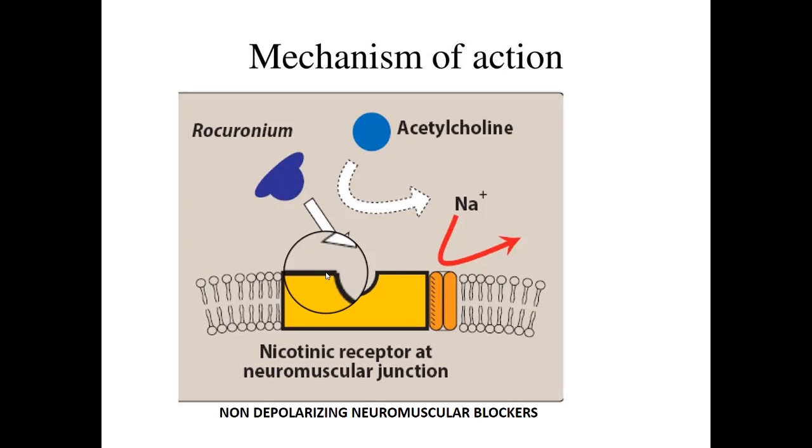But here, the non-depolarizing type of muscle relaxant binds to the acetylcholine receptor and does not cause any change in the receptor. It is not allowing acetylcholine to bind to its receptor. That's why no action potential is generated.